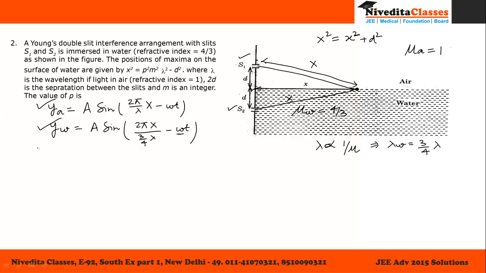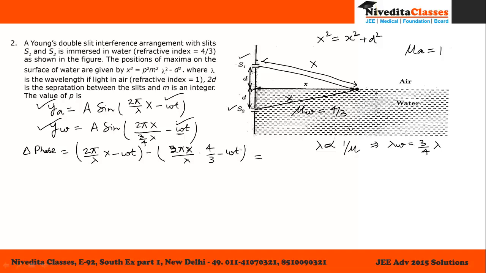So now we can see the phase difference, the delta phase of these two equations, can be written as phase 1 minus phase 2, and it will be equal to 2 pi divided by lambda, X minus omega t, the phase of the first equation, minus the phase of the second equation, which is actually 2 pi capital X divided by lambda multiplied by 4 by 3, minus omega t.